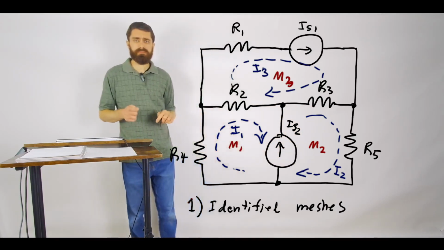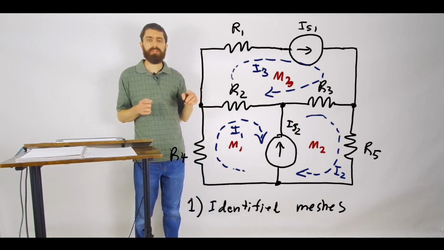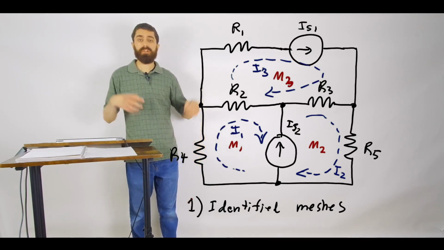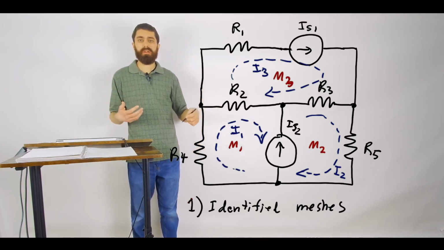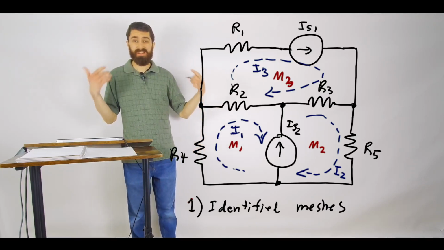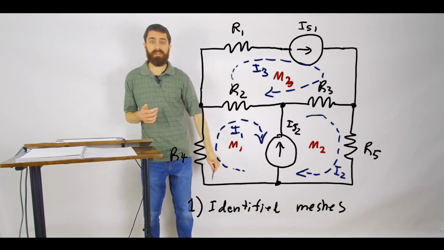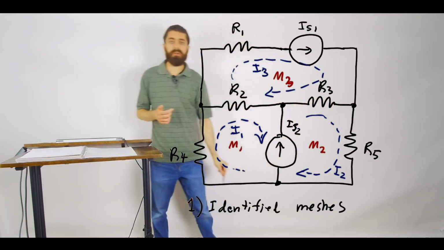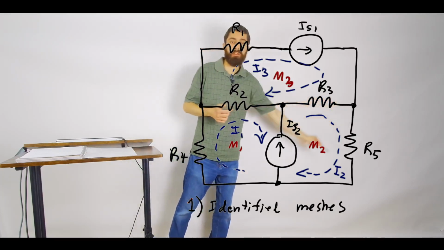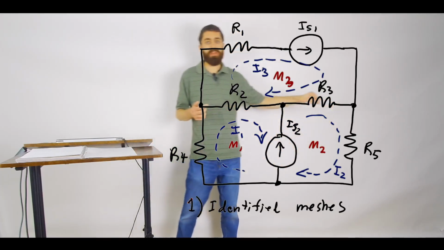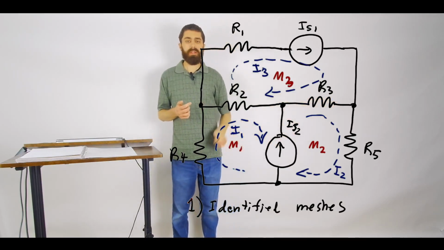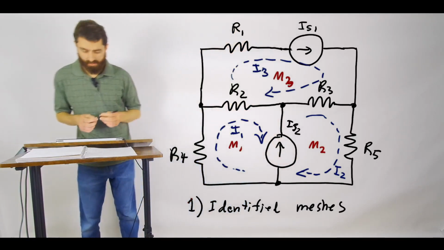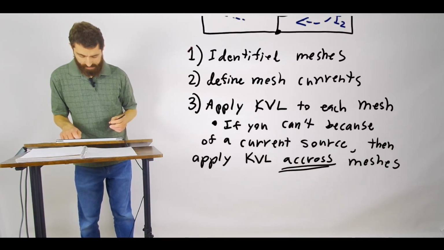So instead, we have to think, maybe I could do a loop. Where's a KVL loop that doesn't include the current source? It's going to be this loop here. You go all the way around here, and you can do a KVL loop without encountering the current source. So let's go ahead and do that.